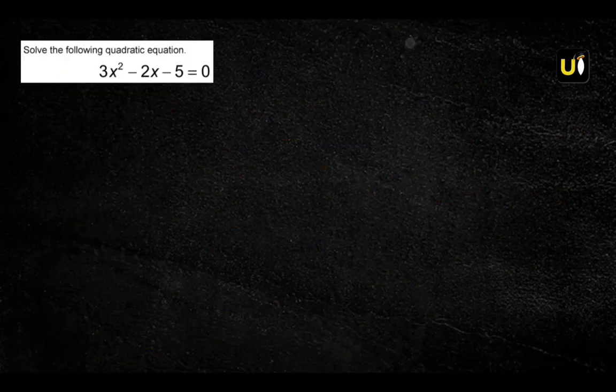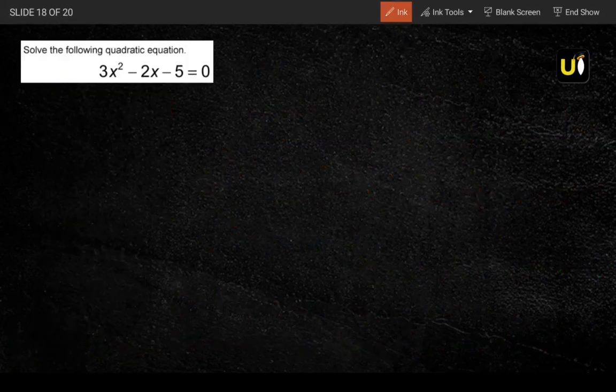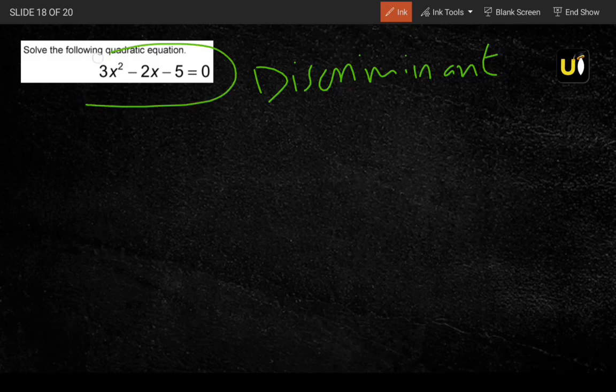So now let's determine from the discriminant whether this equation is having real roots or non-real, rational or irrational. Here once again we'll write the general form.